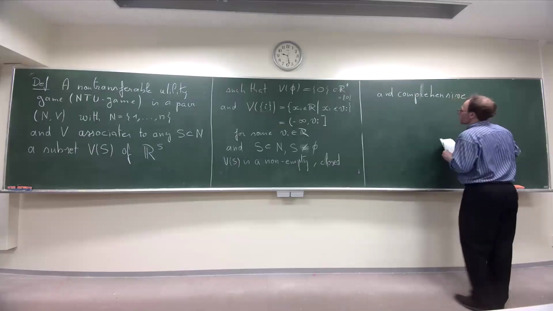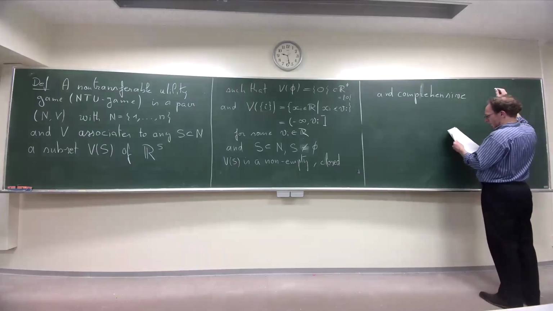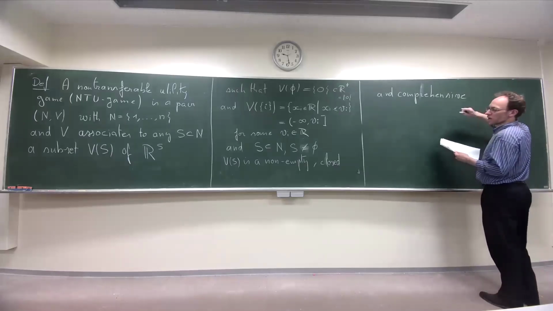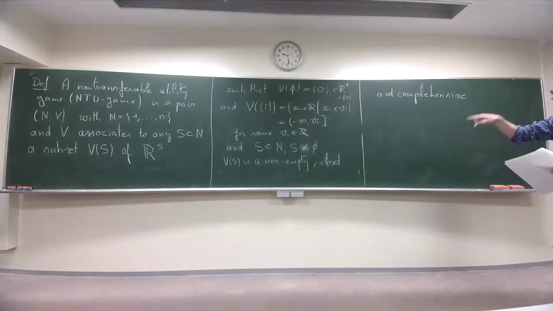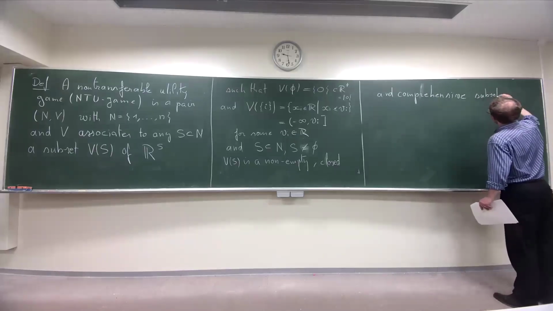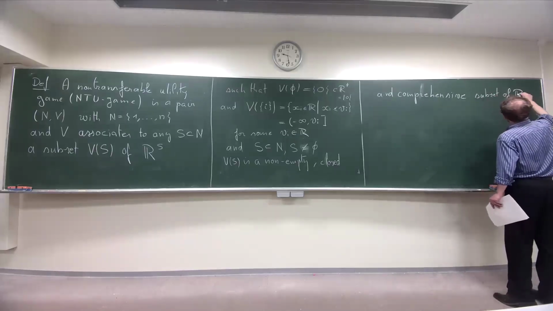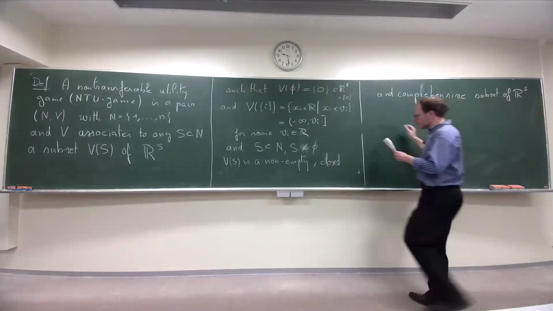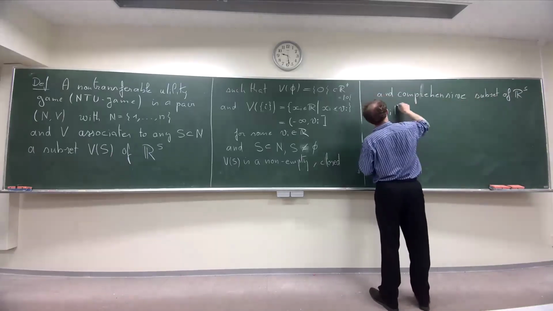V of S is a non-empty, closed, and comprehensive subset of R^S, with one more final condition.